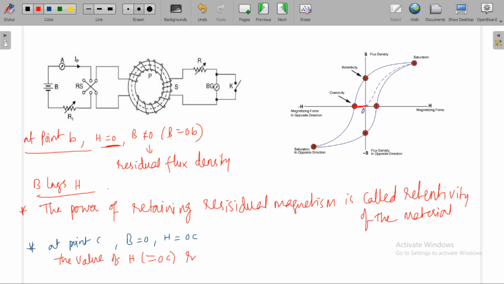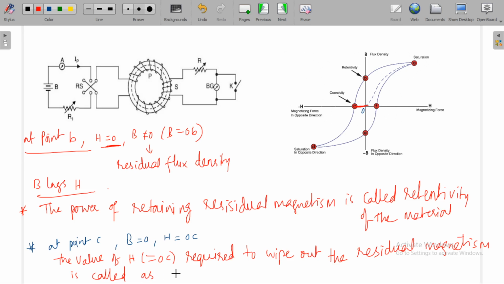The value of H required to wipe out the residual magnetism is called coercive force.